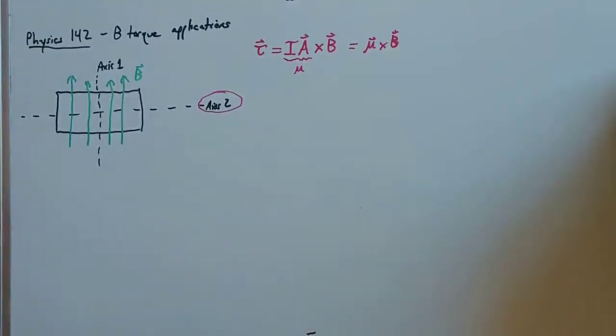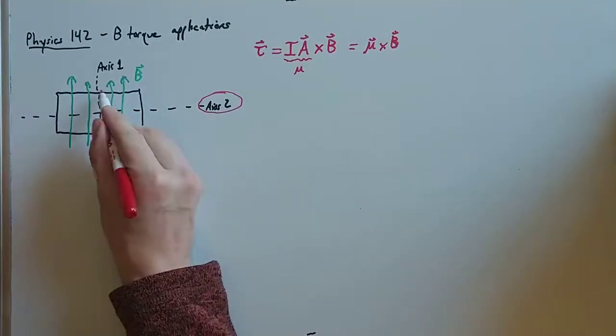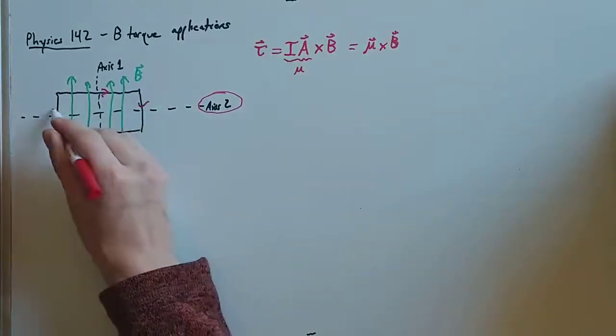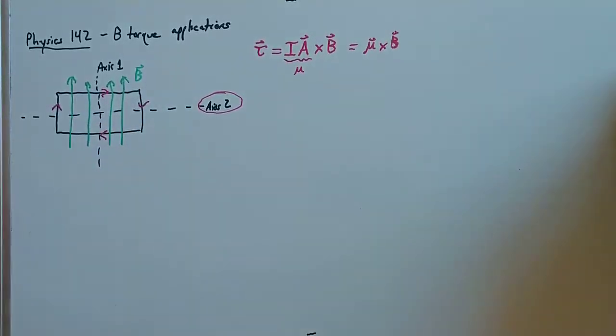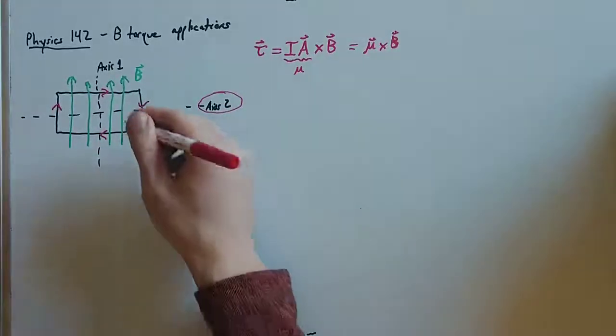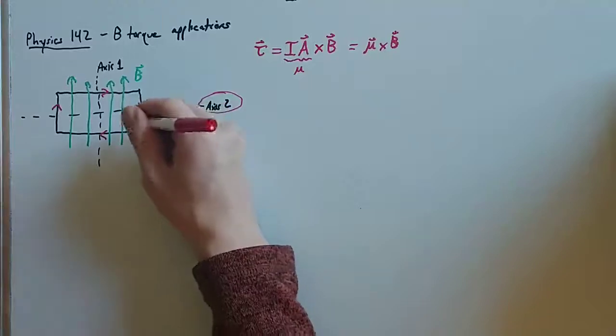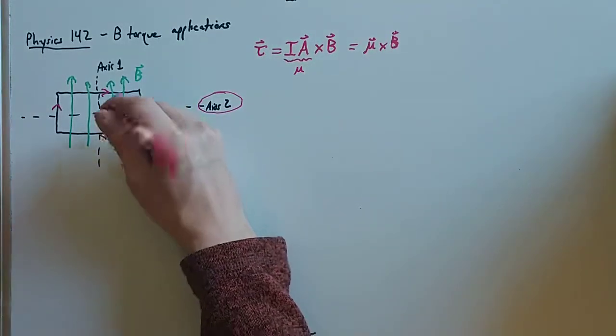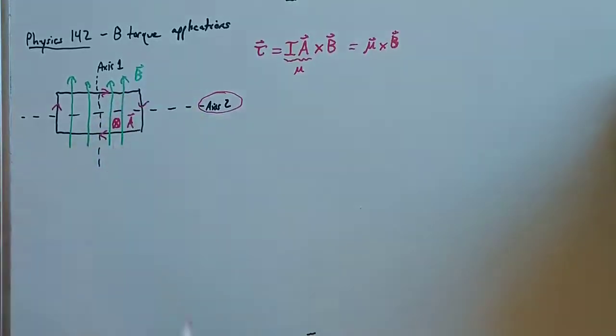Now, if we get a little more specific, let's choose that I'm running my current in the clockwise direction. Then the area vector is going to point into the page.